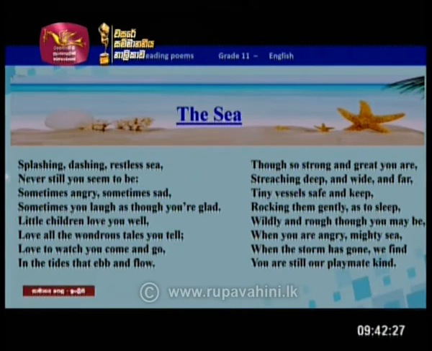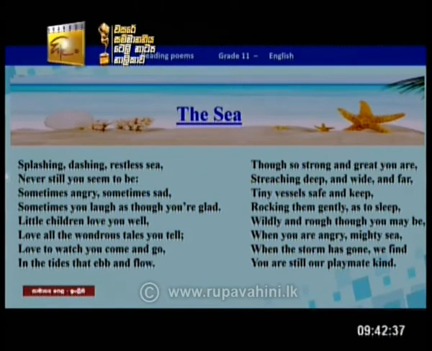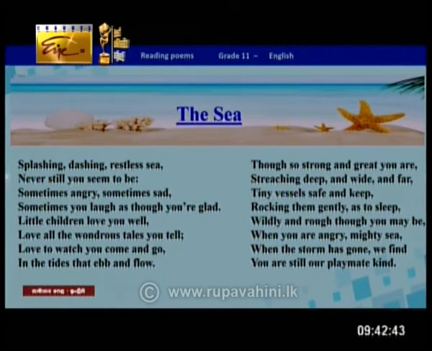Though so strong and great you are, stretching deep and wide and far, tiny vessels safe you keep, rocking them gently as to sleep. Wildly and rough though you may be, when you are angry, mighty sea, when the storm has gone, we find you are still our playmate kind.